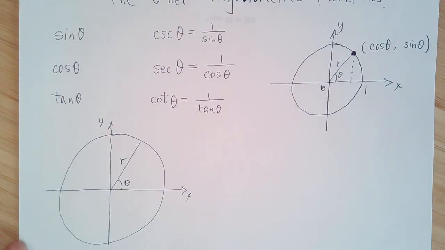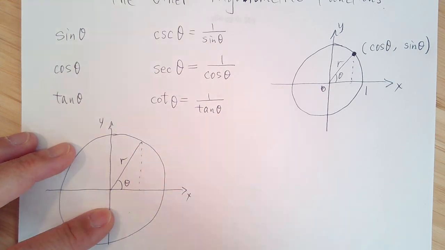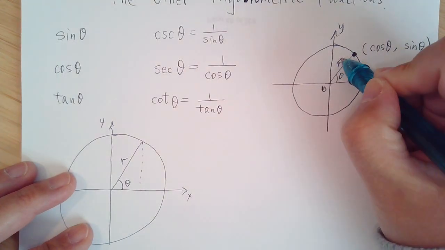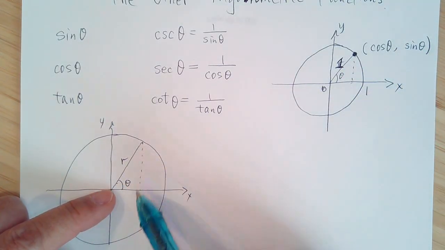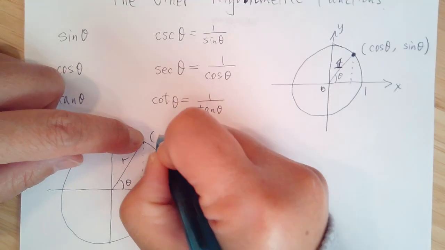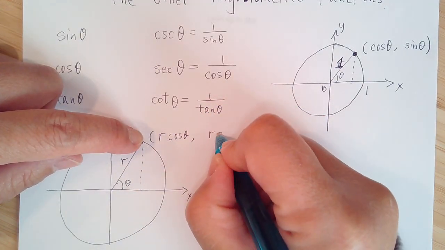But if that comes with r, then this theta is the same. If you drop that down here, this is a right triangle, similar to this right triangle, which means all the sides should be in proportion. So this special radius is 1, and now becomes r. Therefore, this coordinate should be r cosine theta and r sine theta.